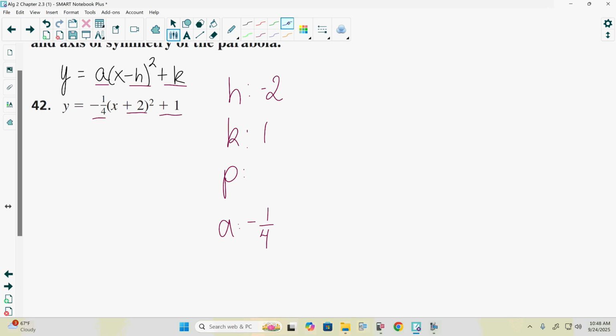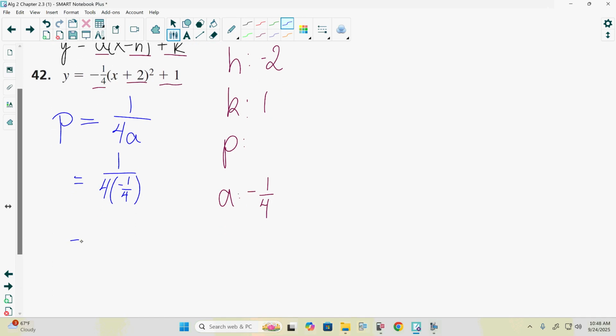Now we can use the value of a to find p, because p is equal to 1/4a. And since we do have the value of a, we can say 1/4 times negative 1/4 to find out what the value of p is. At this point, we can just take that expression and plug it into the calculator, let it do it for us.